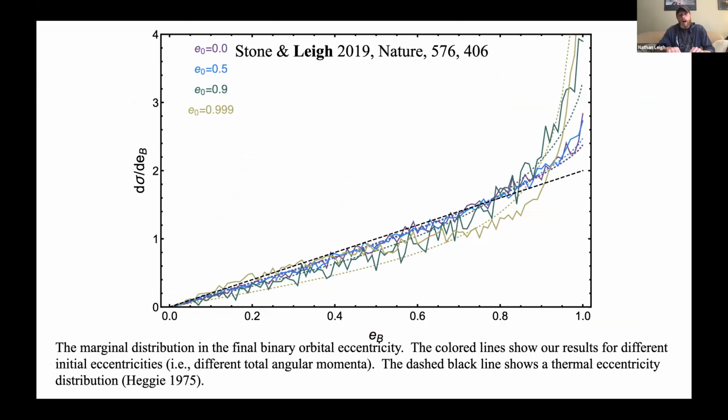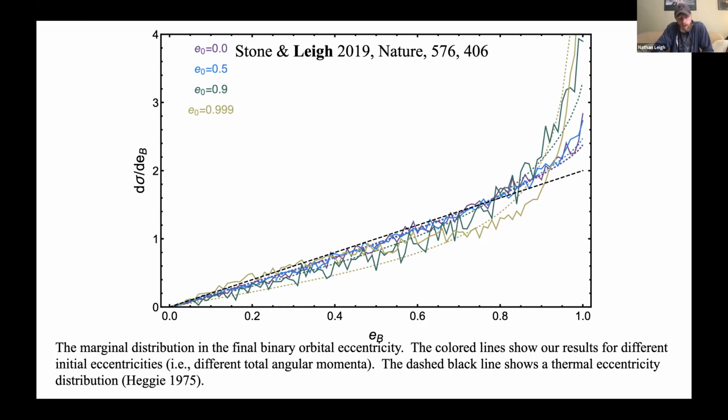And so I don't have time to go into too many details of our work, so please see our paper for all the useful things that we derive, but I'll focus on one aspect, which is the final distribution of binary orbital eccentricities, which is shown here as a function of the initial orbital eccentricity. And the key point is that in the limit of low angular momentum, we find suprathermal eccentricity distributions.